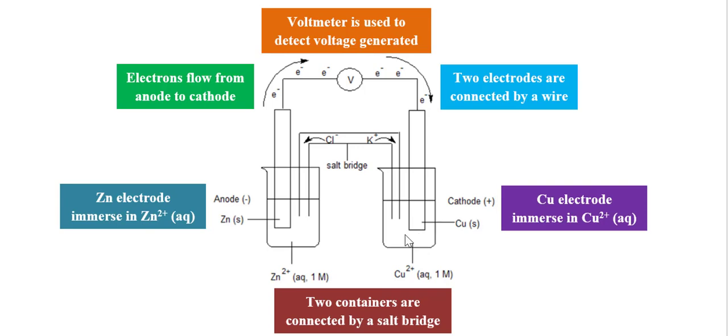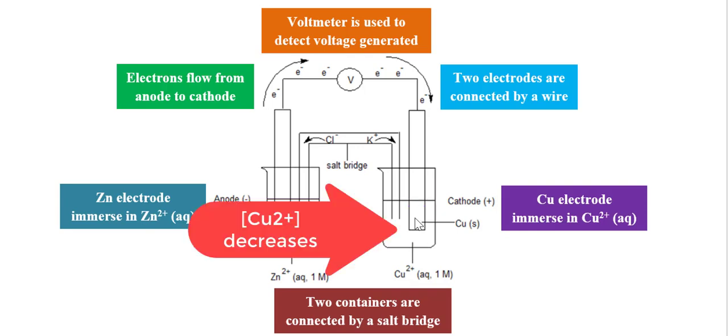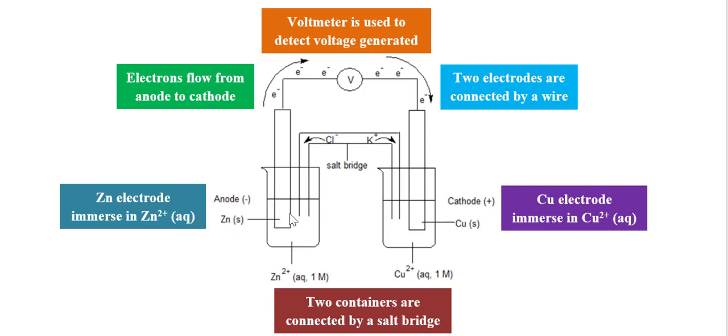Similarly, in the reduction half cell, the initial neutral solution of Cu2 plus ions would develop a net negative charge as the copper 2 plus ions leave the solution and form copper atoms. Such a charge imbalance between the half cells would stop the cell operation if it were allowed to occur.